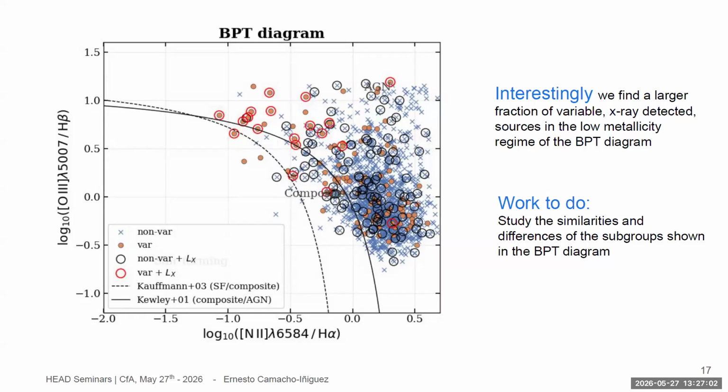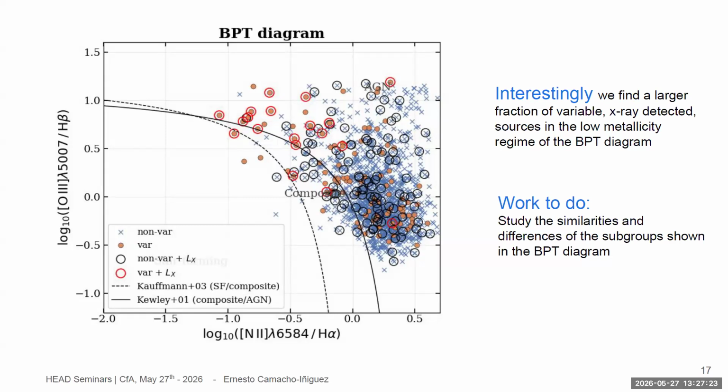The other thing is that for the X-ray detectability, we are incomplete in X-ray in terms of coverage. This is a compilation of X-ray detections that came from the archive, Chandra or XMM-Newton.